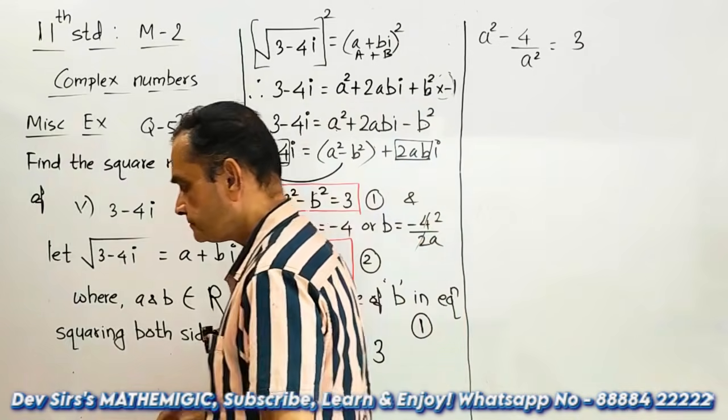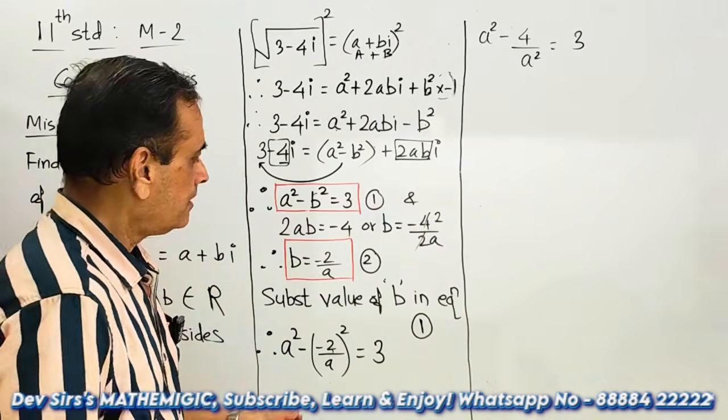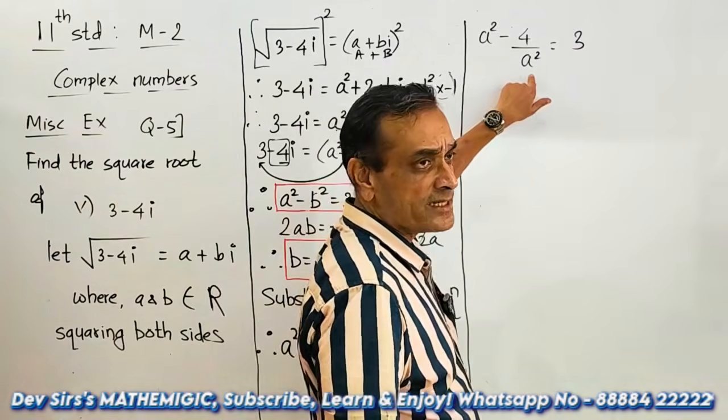Okay, now multiply each term by a squared.